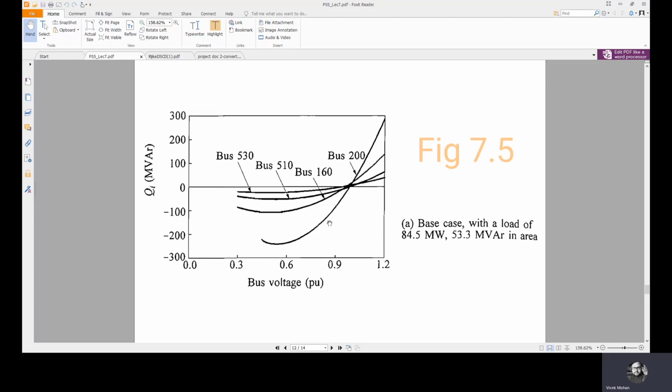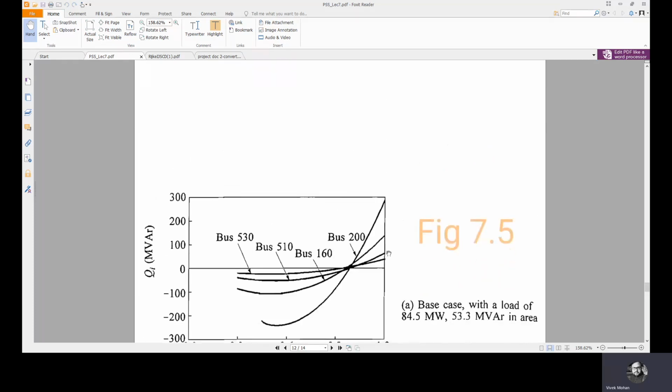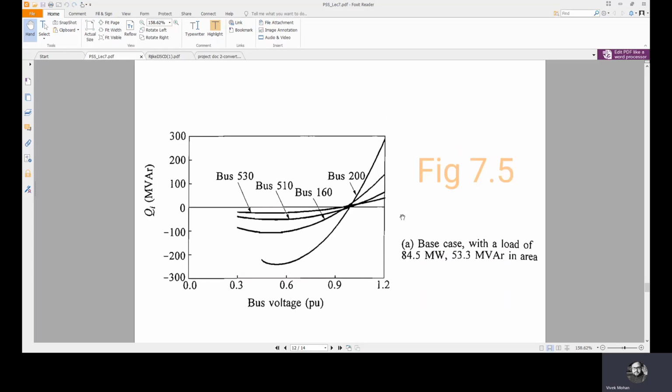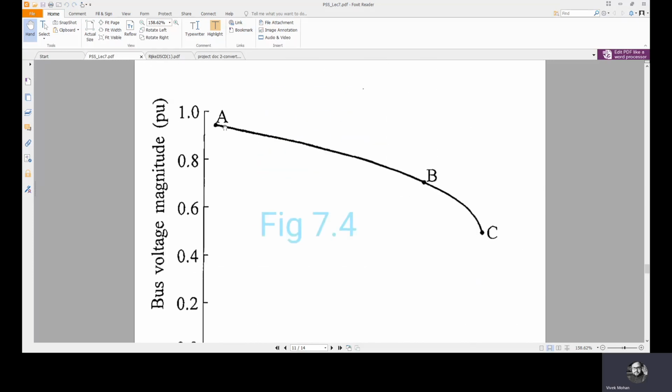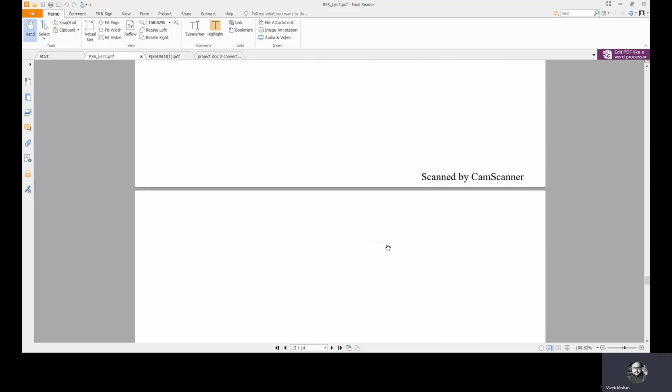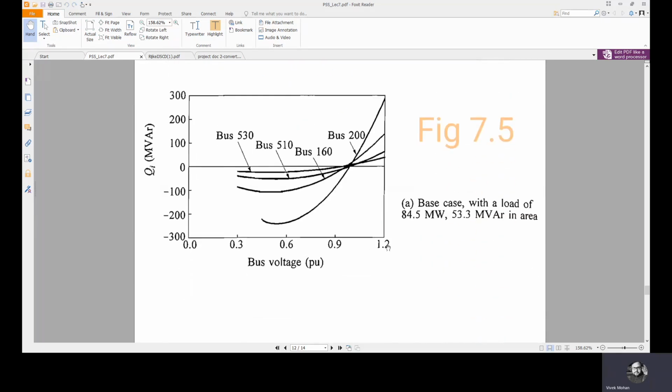Now, suppose this happens at the loading point A. Loading point A in the sense here. What will happen if the loading point is B? This scenario will change. The condition still worsens.